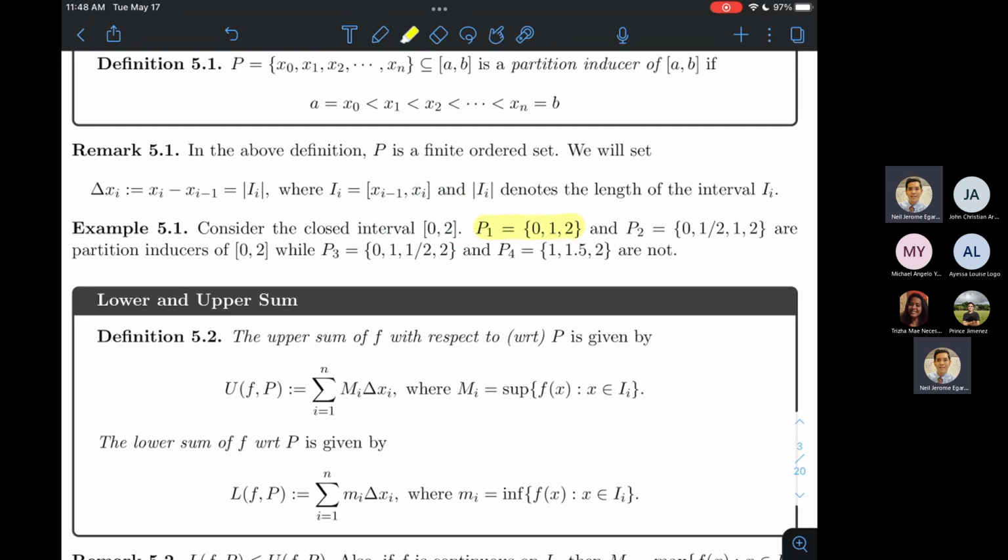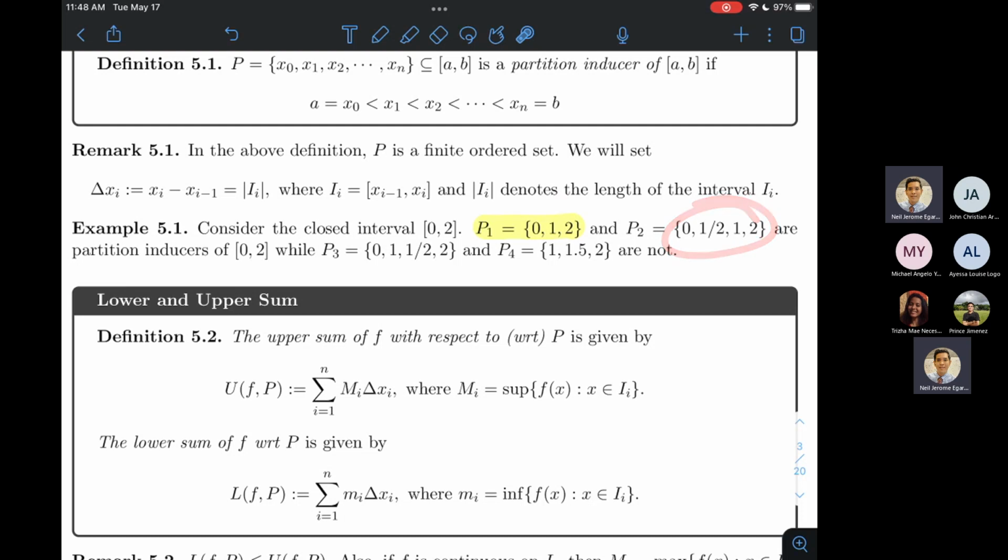Now, as an example, say our interval of interest is the closed interval [0, 2]. Then the set P1 consisting of 0, 1, 2 is a partition inducer because its first element and its last element correspond to the first and last elements of the closed interval, respectively. And then everything in the middle is arranged in increasing order. So it's a partition.